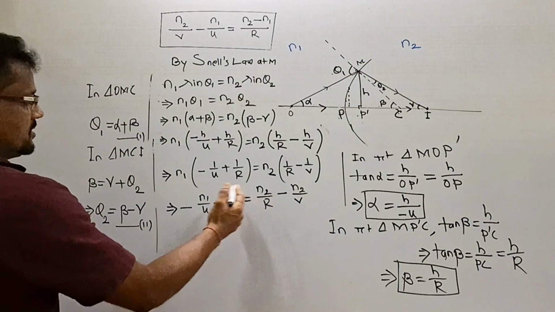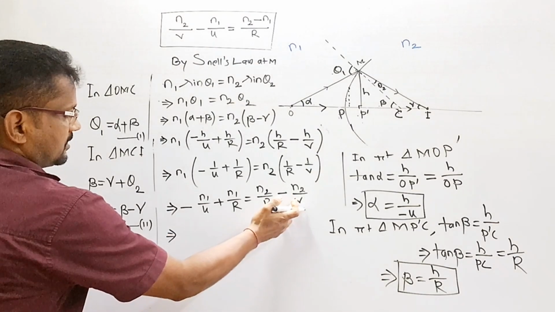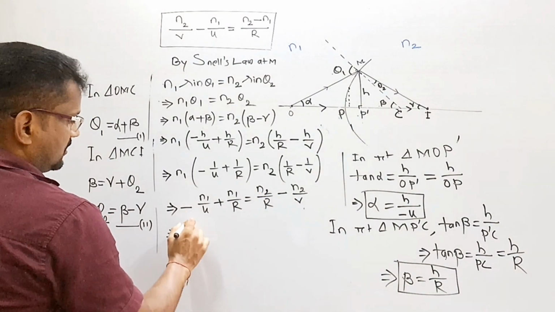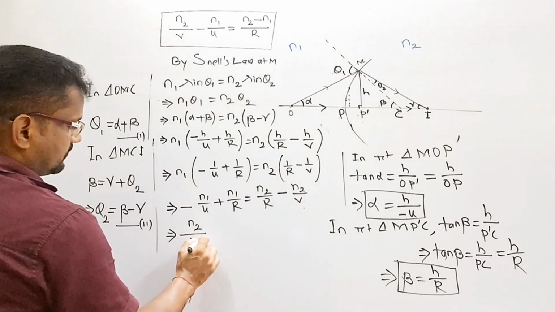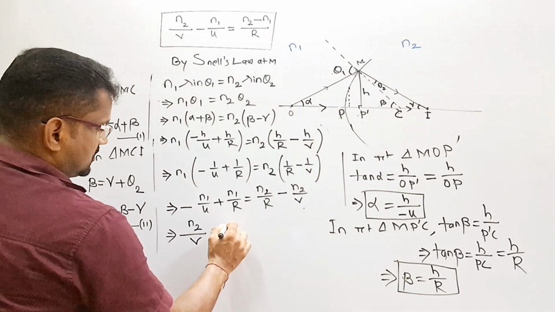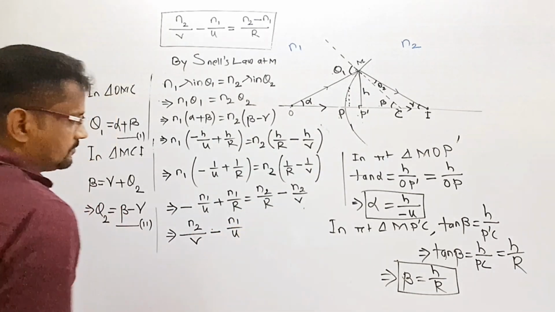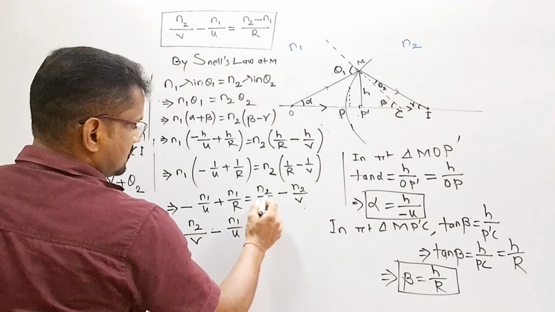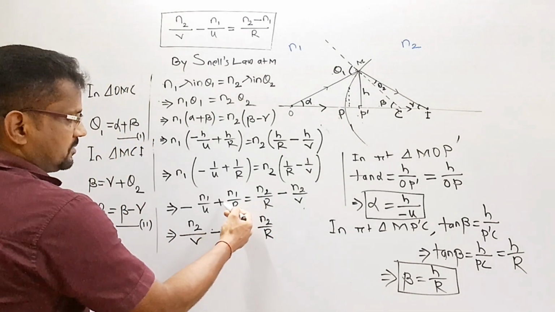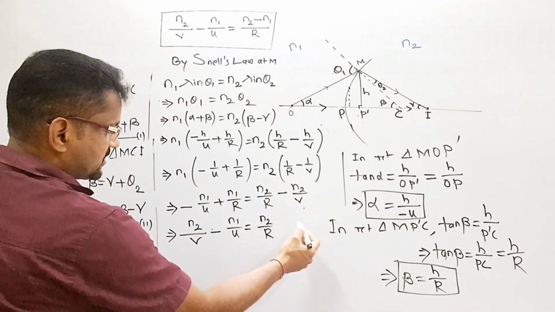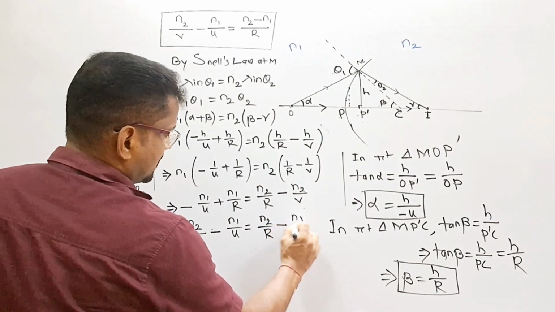Now transposing the terms, bring this term from the right side to the left side. If you transpose n2 to the left side, n2/v, and minus n1/u, equals n2/r, and this positive term if you transpose to the right side it will be minus n1/r.